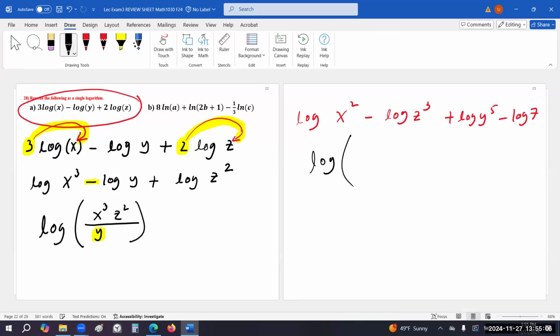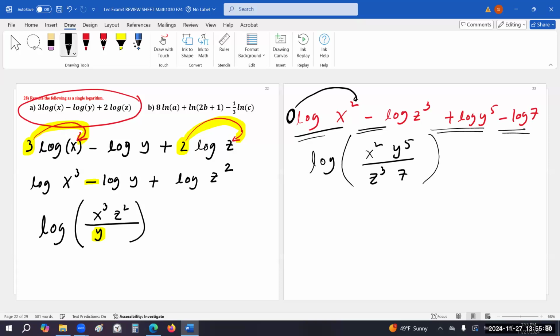So what would be the answer? x squared and y to the 5 on the top, because they both are positive. z cubed and 7 on the bottom, because these are minus. But make sure you convert your coefficients into powers.